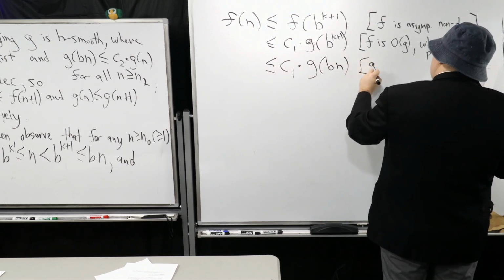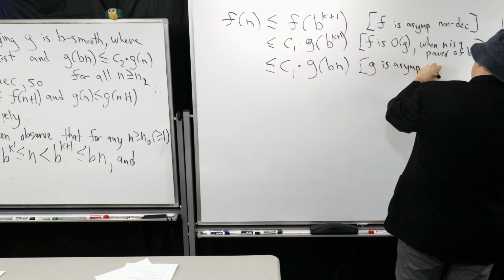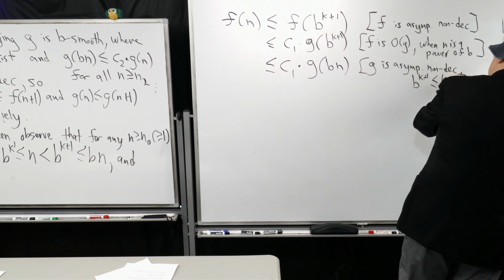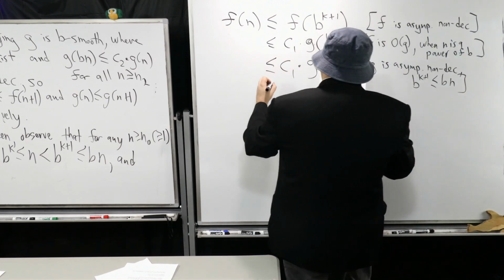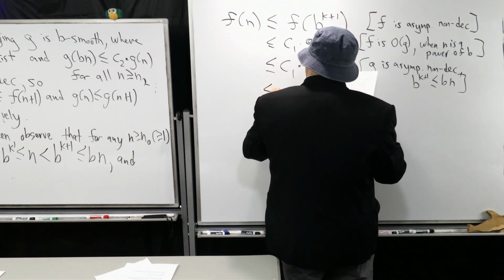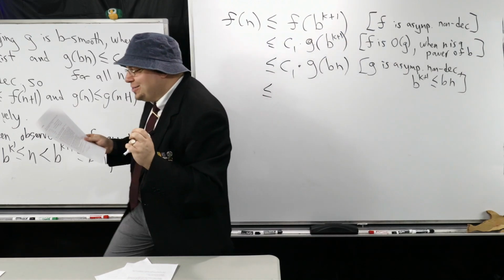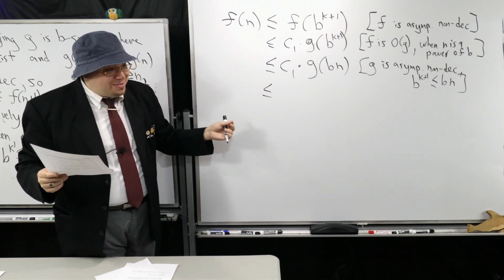This is because g is asymptotically non-decreasing, right? And we know that b to the k plus 1 is less than or equal to b times n. Now, this has to be less than or equal, because remember, now I know that g is smooth, which means it's b-smooth.